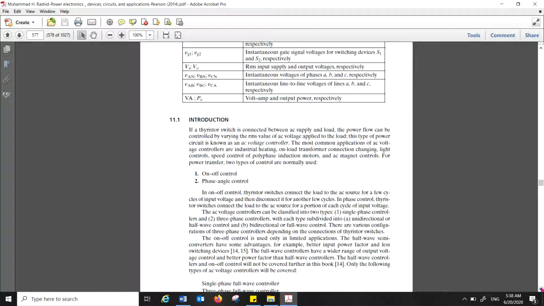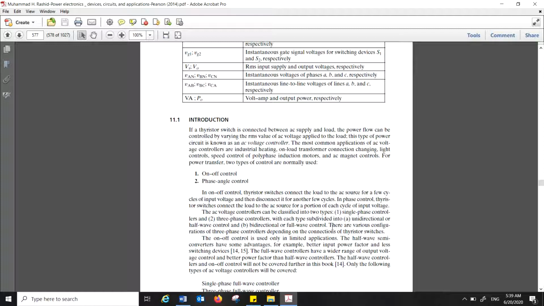The AC voltage controllers are classified into two types: single phase controllers and three phase controllers, with each type subdivided into unidirectional or half wave control and bidirectional or full wave control. Yes, it's similar to the rectifiers, half wave and full wave.